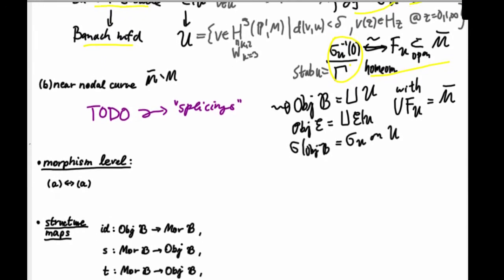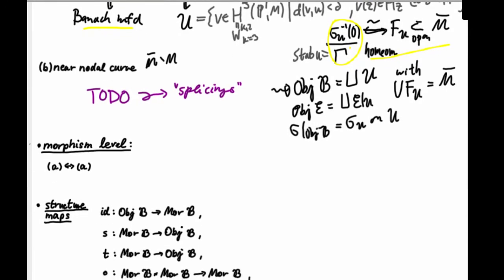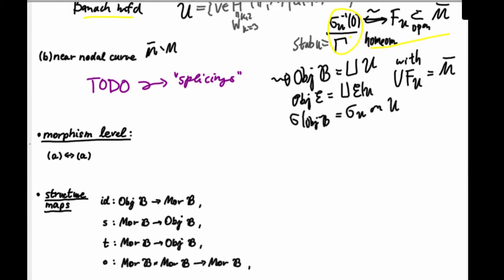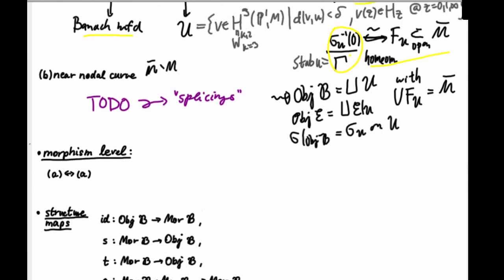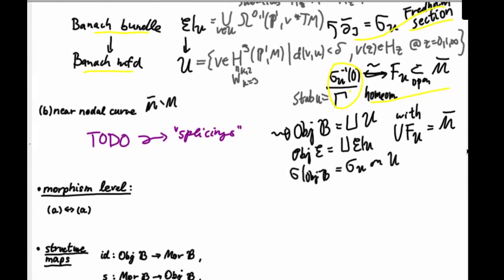So the morphisms, we have to make a decision here. We know what it should be on the level of holomorphic curves. And I'm just going to make the pretty reasonable decision now that, in this case at least, my non-holomorphic objects are also maps.